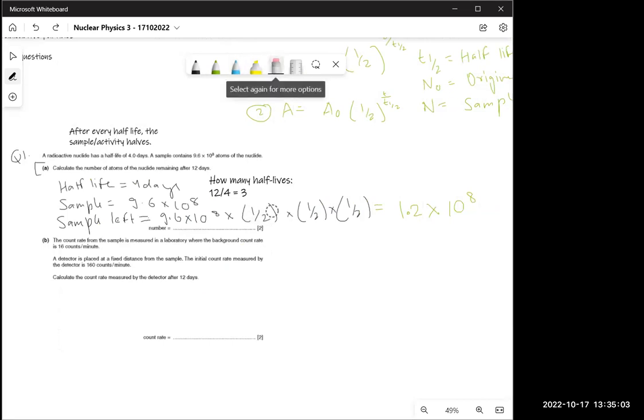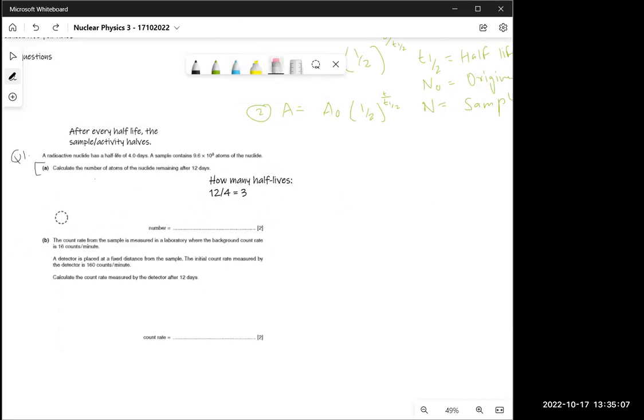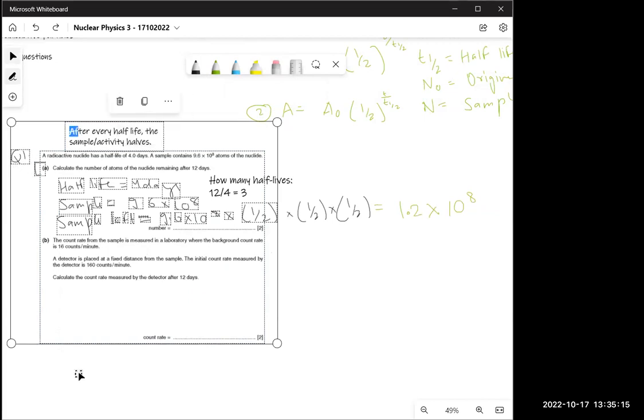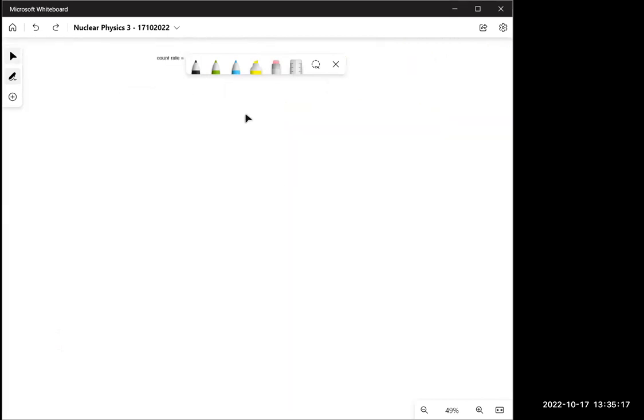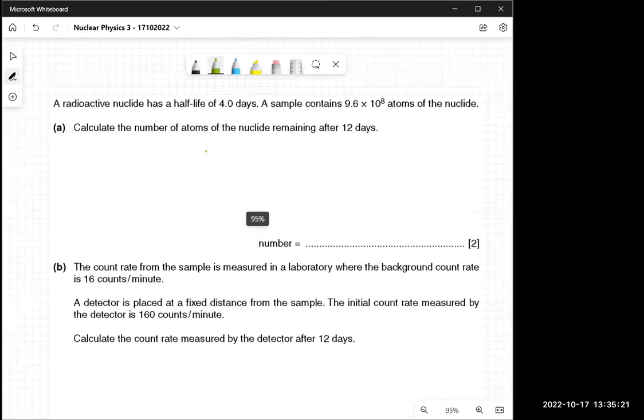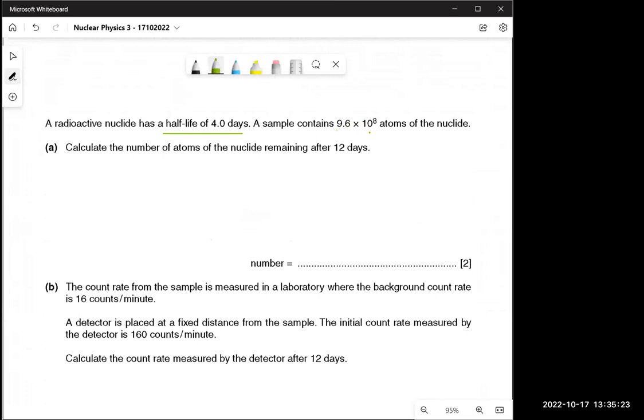We'll do that. Let's try to solve this question again, but in a different way. We have done it once. Let's try it one more time. Now in this question, they're telling us the half-life. Half-life is given. The sample is given.